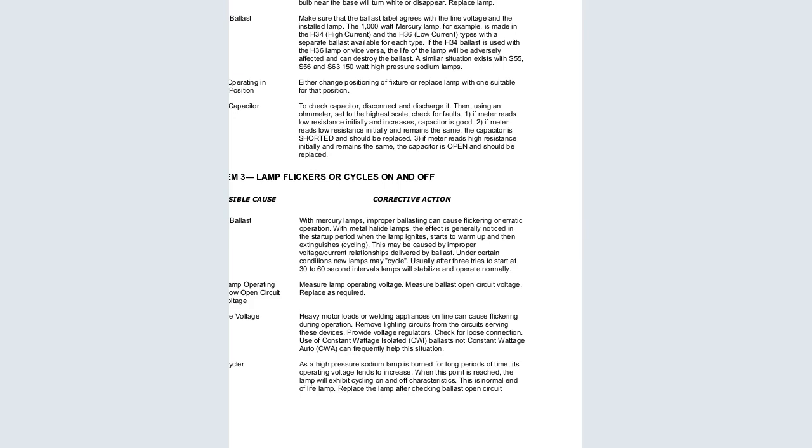These may be caused by an improper voltage current relationship delivered by the ballast. Under certain conditions, new lamps may cycle, usually after 3 tries to start at 30 to 60 second intervals, and then stabilize and operate normally.